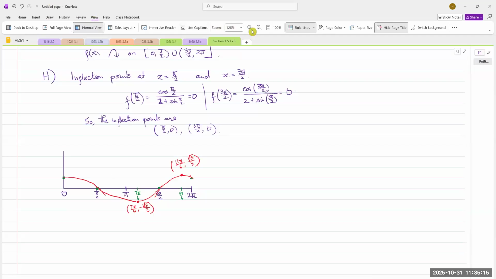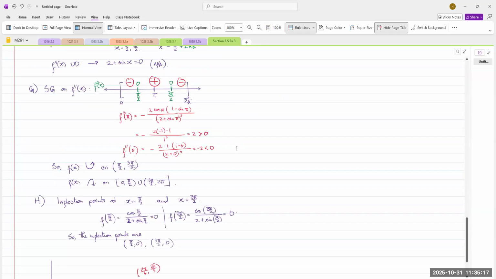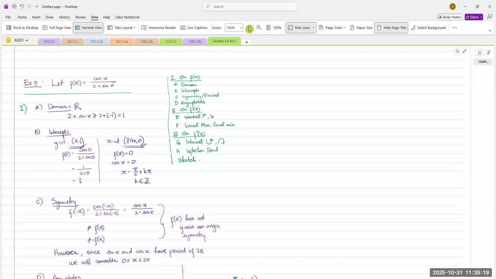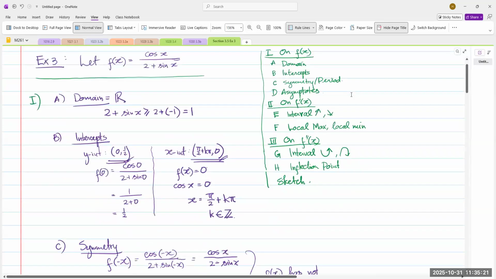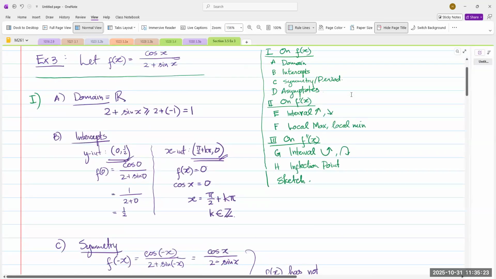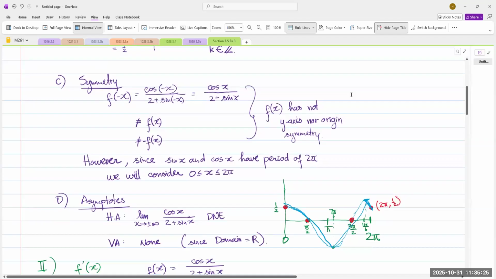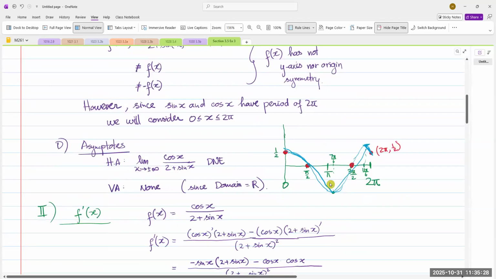Okay, now let's take a look again at this from the beginning. Domain, intercepts, symmetry, asymptotes. That's our sketch earlier, right? Not perfect, but at least we have some feeling of where the points happen.